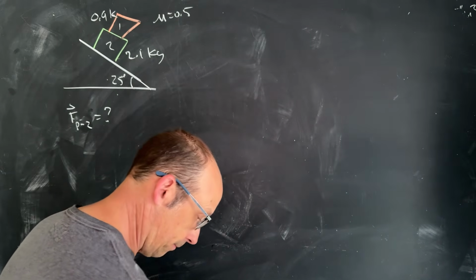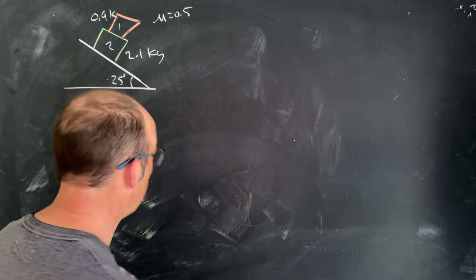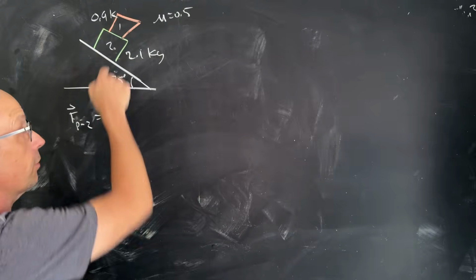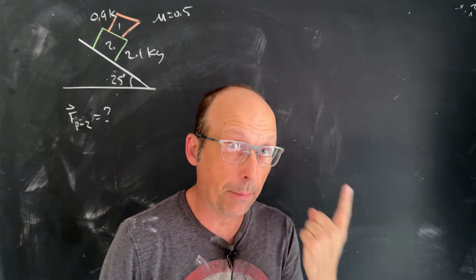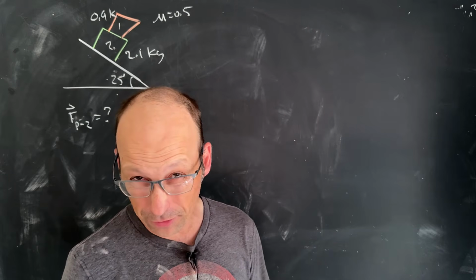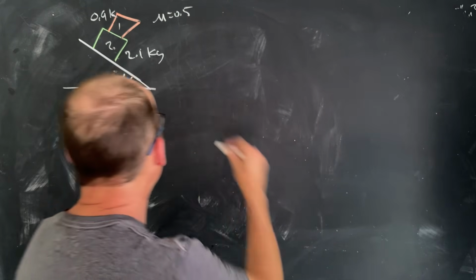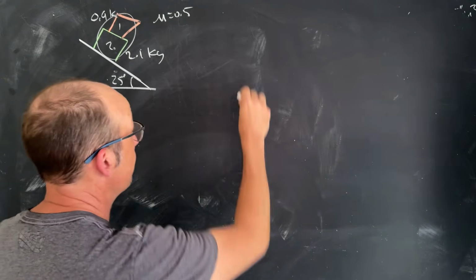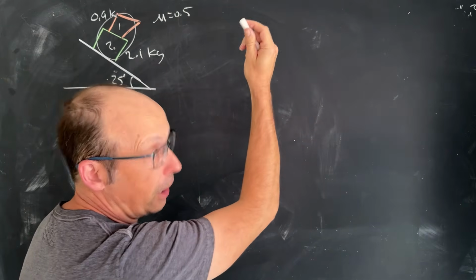So the question is, what's the force this exerts on that? Number one trick: I have two objects, but do I really need to treat them as two objects? If I treat this as just one object, that's fine. That's my first way. So here's my new object, I'm going to call it object 3.